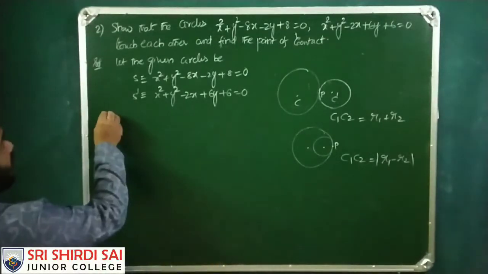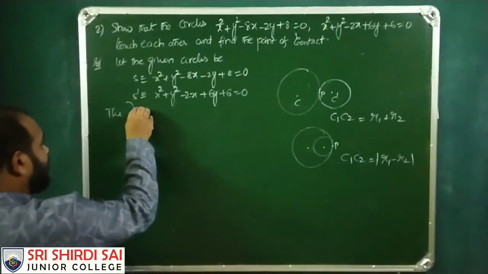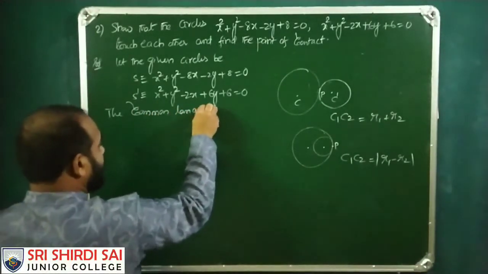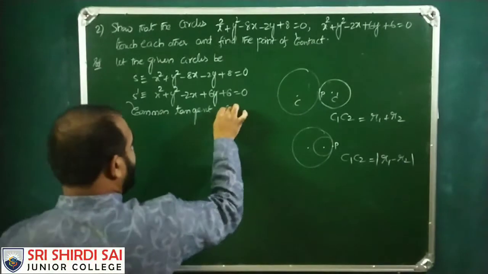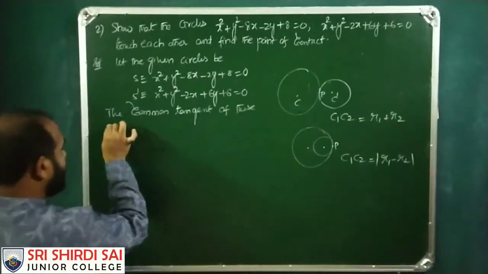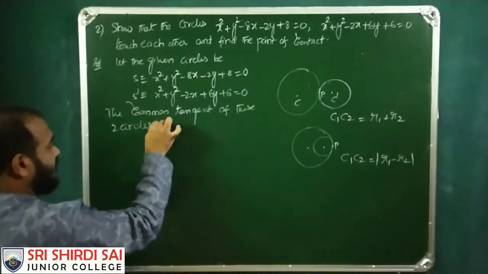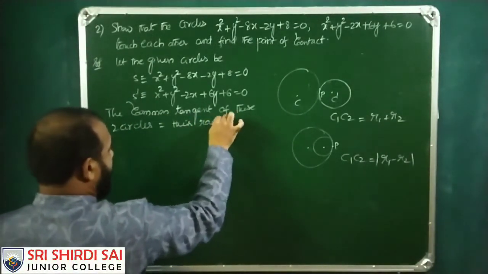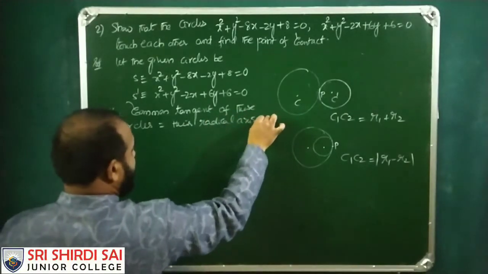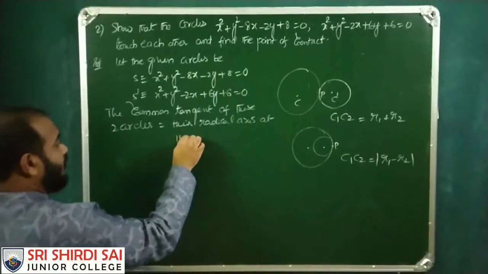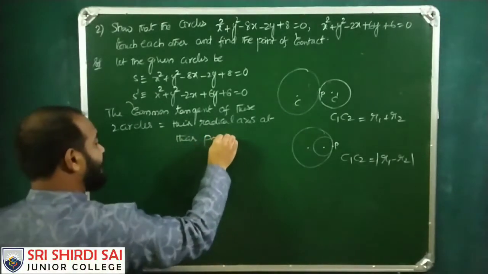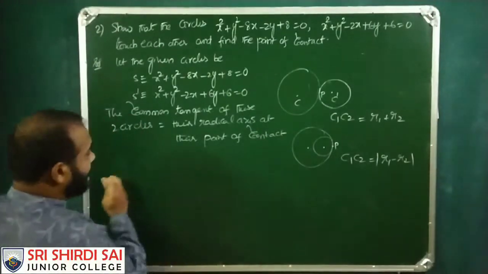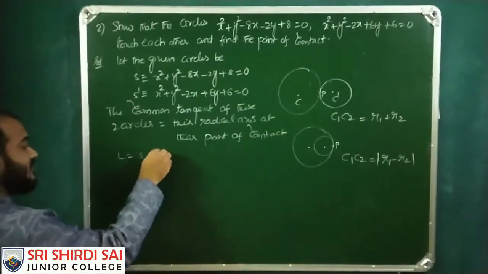So the common tangent of these two circles is equal to their radical axis at their point of contact.